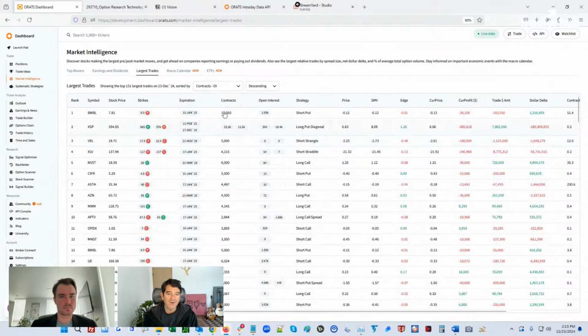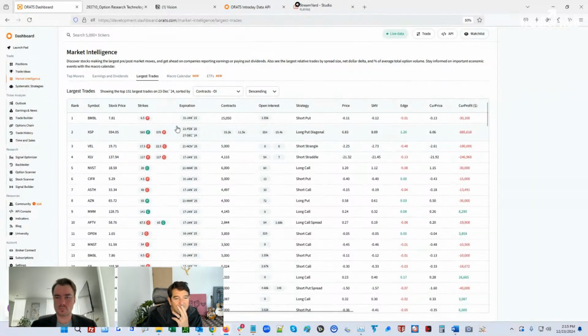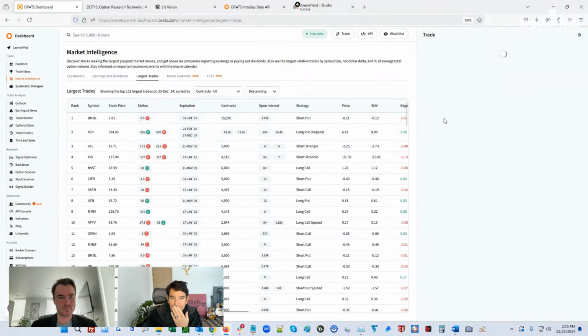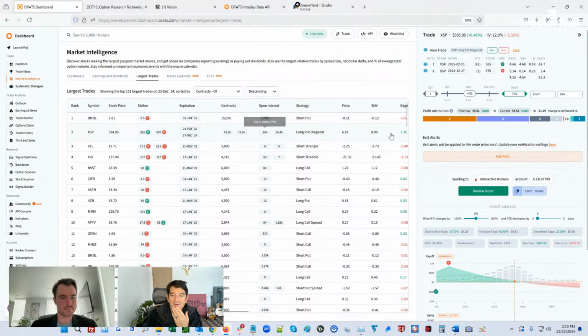And again, I like to go contracts minus OI. XSP, there's a long put diagonal. So what are they doing? Let's see. So it's a diagonal, kind of getting short. So this is an interesting way to get short.